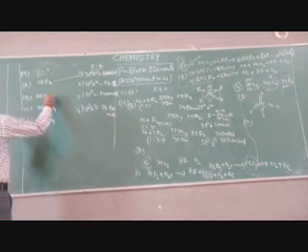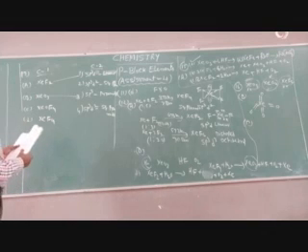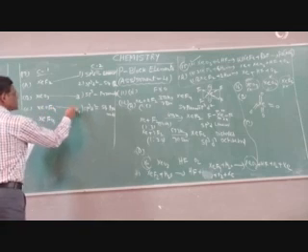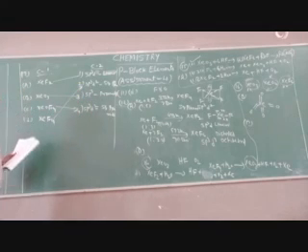XeO3 is sp3, pyramidal shape. Next, XeOF4: 4 plus 2 is 6, so this one is square pyramidal. But XeF4 is sp3d2, square planar.